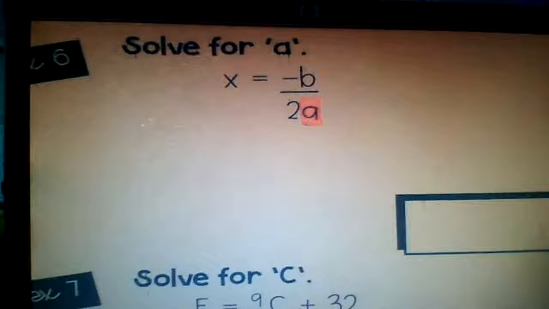Okay, before I can solve for x, I need it out of the bottom. So to solve for A, I need it out of the bottom. So how do I do that?